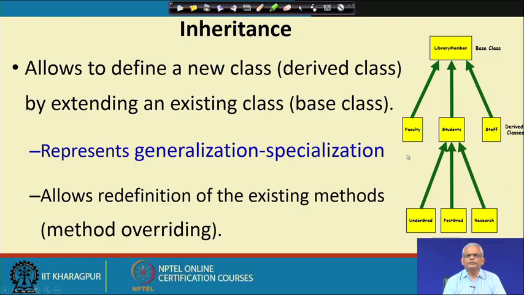Just look at this example. The library member class is a base class. There are different types of library member, but some characteristics are common among them. For example, all of them have a library membership number. All of them can issue a certain number of books, they can return books and so on.